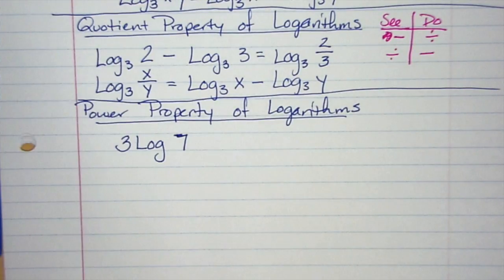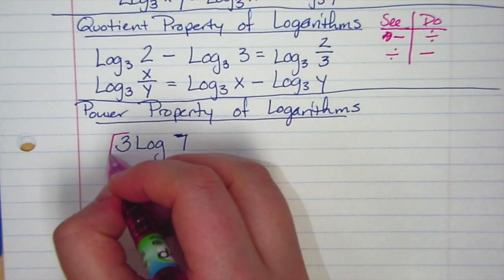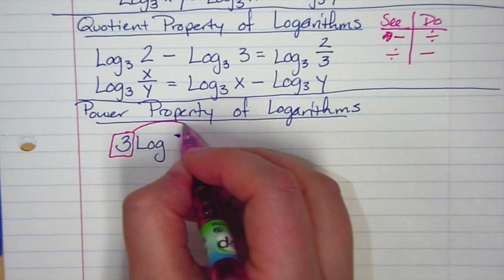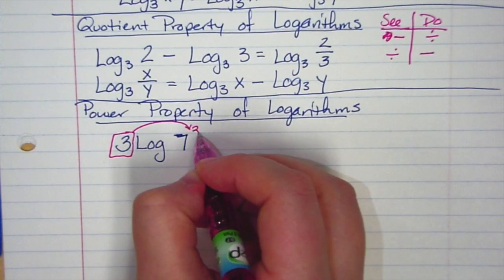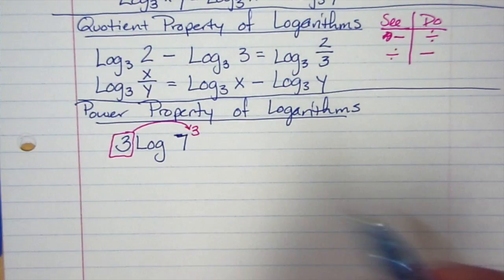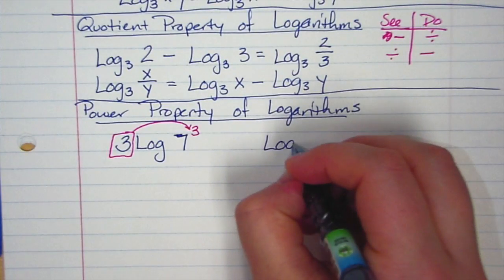What the power property of logarithms says is that if you have a number on the outside here being multiplied, you can move it inside and have it become the exponent of your argument. The opposite is also true.